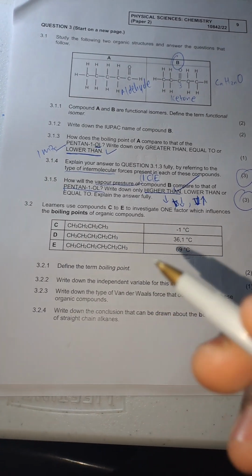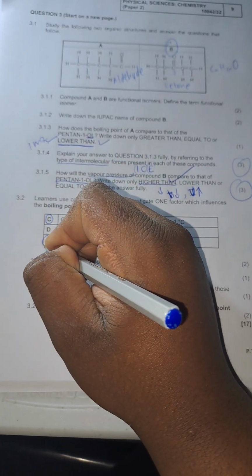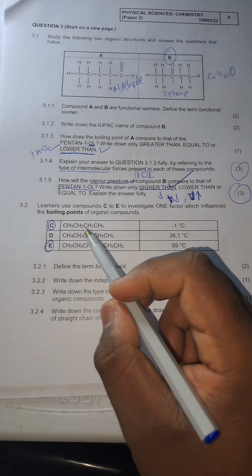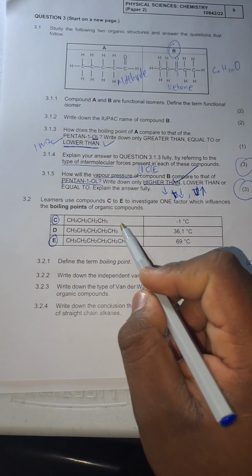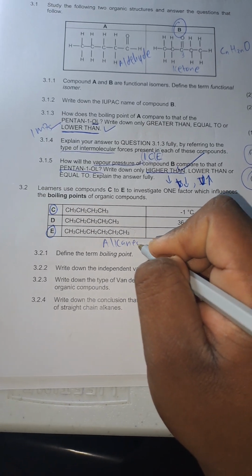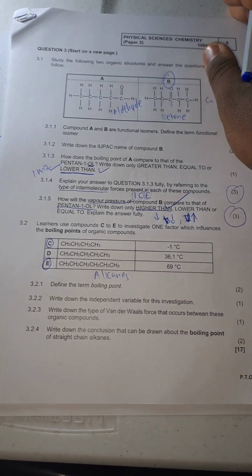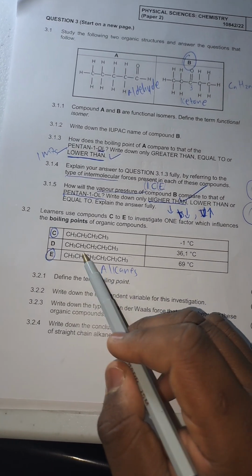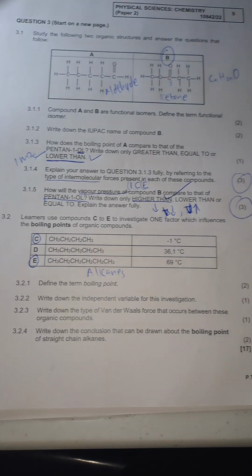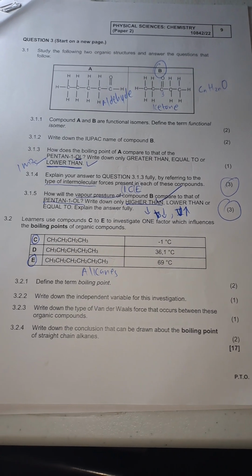Now, what I can see here is that these are all alkanes, because these are straight chain organic compounds. I can't see any OH, I can't see any double bond. You see CH2, CH2, whatever. It is just the difference of the chain length.